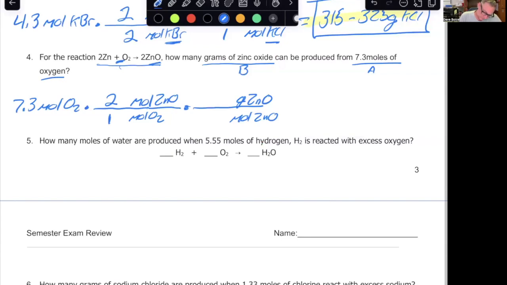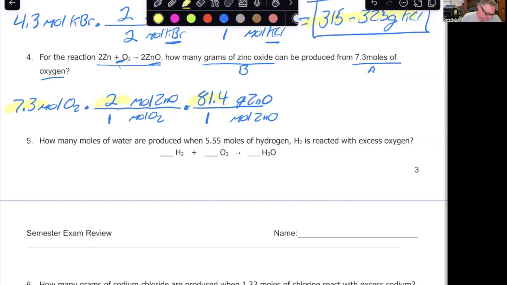Okay, and 1 mole of zinc oxide, if I add that up in my trusty calculator, it tells me that 81.4 grams is equal to 1 mole. So in my calculator, I'm going to put 7.3 times 2 times 81.4. Notice I always know if I need to do multiplication or division because I'm writing this out in dimensional analysis.